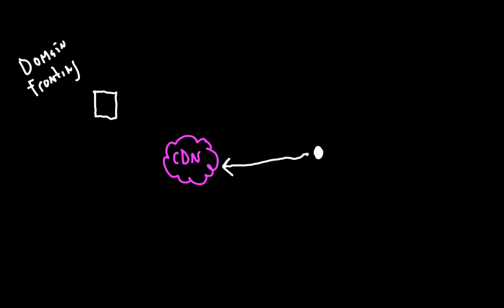The CDN analyzes the request, determines if it has the right response in its cache, and if it doesn't, it reaches out to its customer server to pull that content. And it usually will add that content to its cache. This customer server is called an origin server. And that's something that the customer configures when they create an account with the CDN provider.